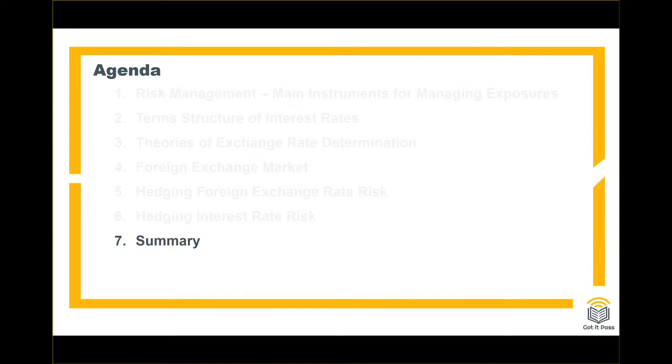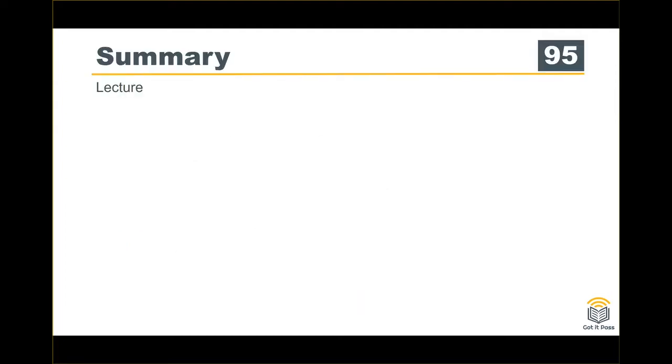We shared a lot on the risk management instruments, and also we described term structure theories. So let's take a recap. We talked about the instruments for managing exposures, for example options, forward contracts, futures contracts.